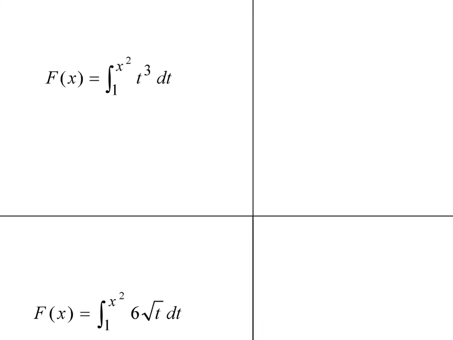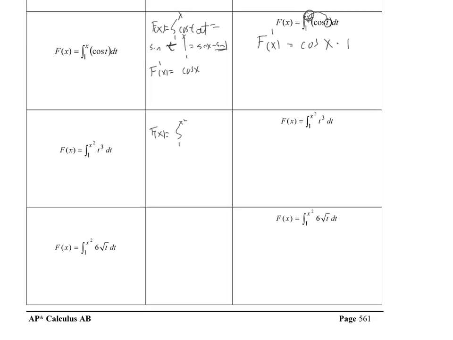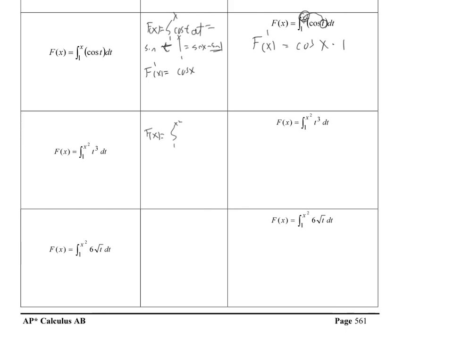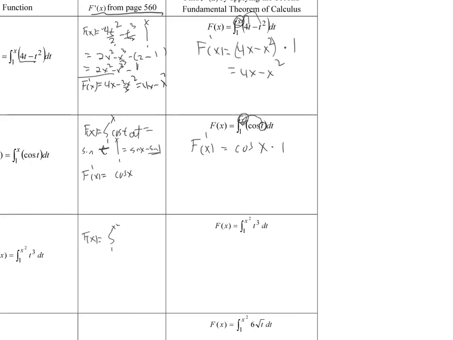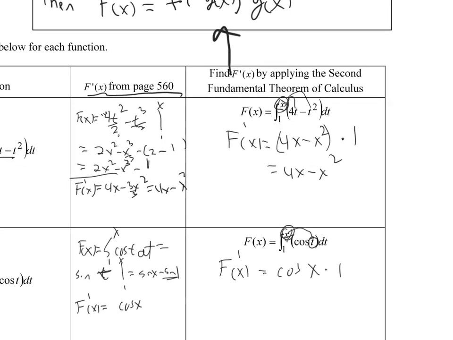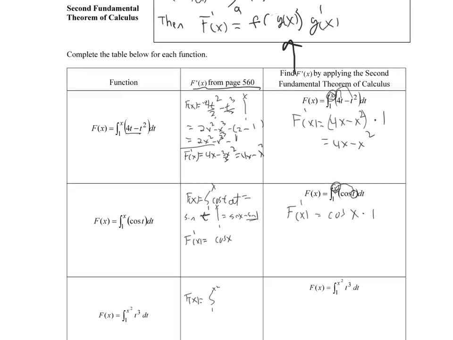All right, let's do another one. Big F of x would be the integral from 1 to x squared. Wait a minute, these are the same problems we just did. Okay, I get it. He wants us to prove it. Not only was it the same problem, but the same method.